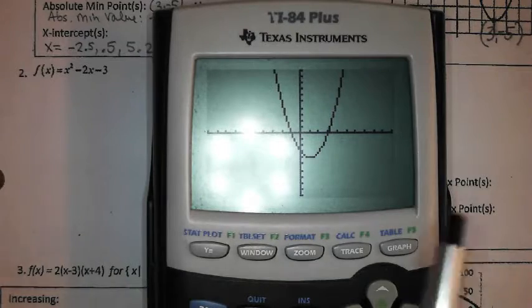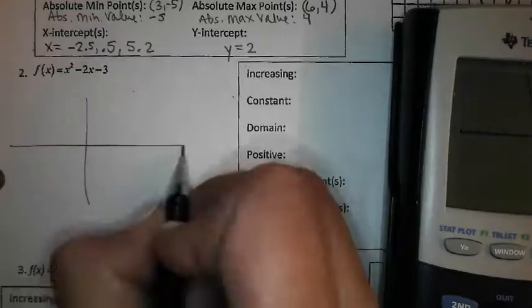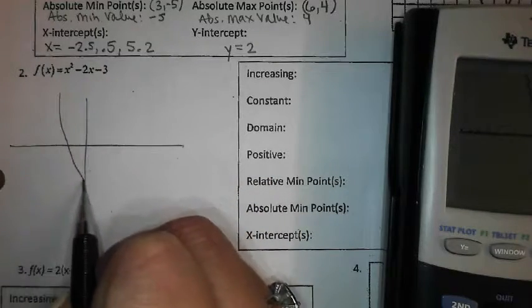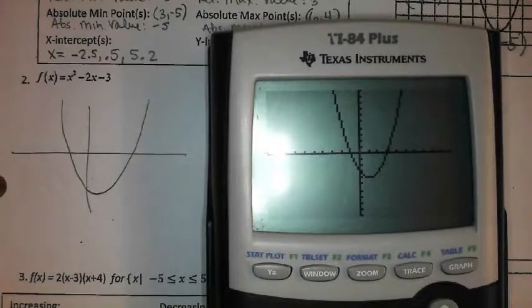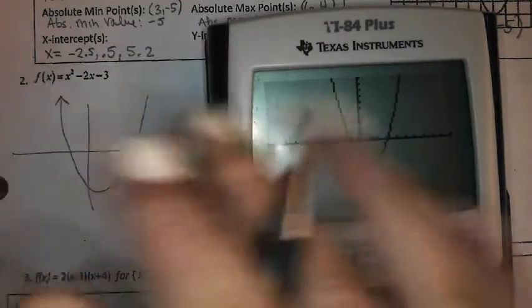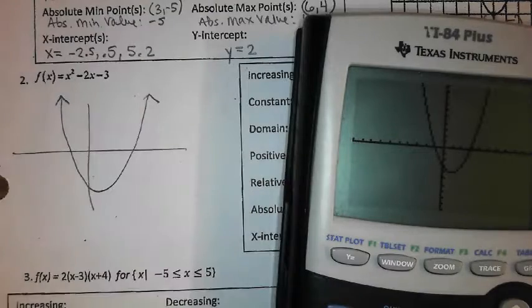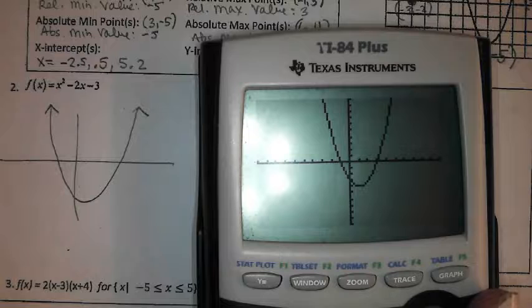All right, I want you to draw a rough sketch of that. Now, technically, this parabola goes on forever, yes? Okay, so put arrows at the end. And then we need to start labeling our critical points.